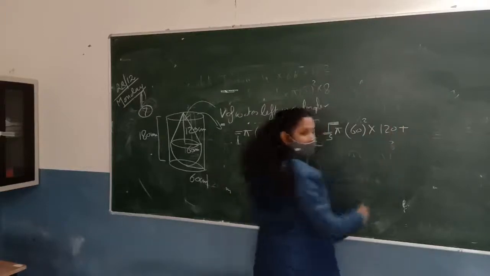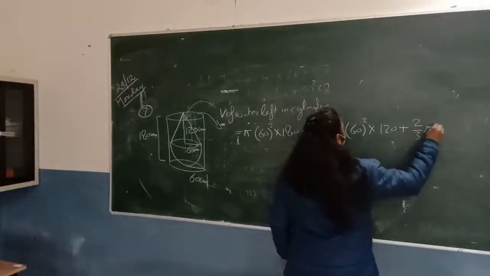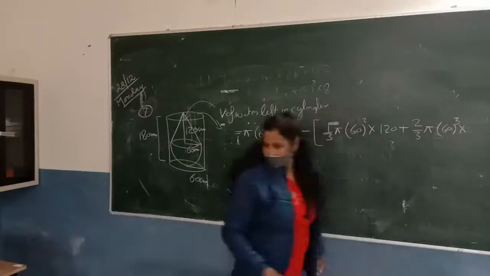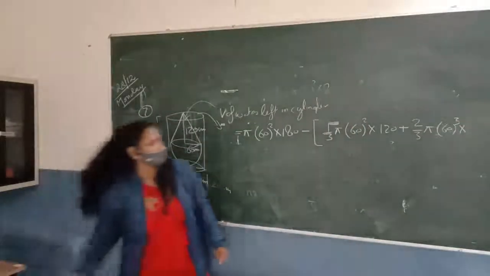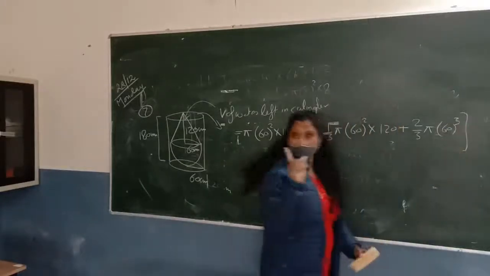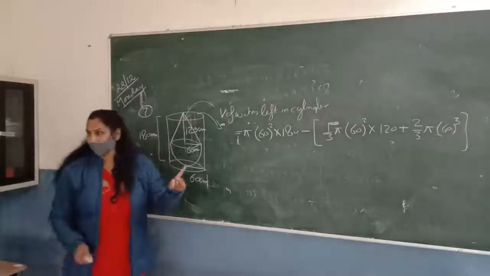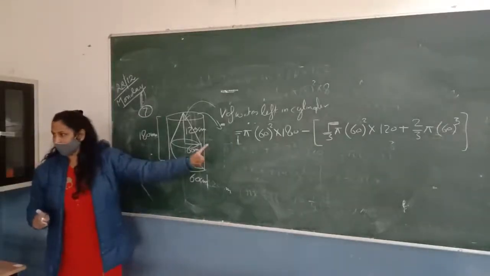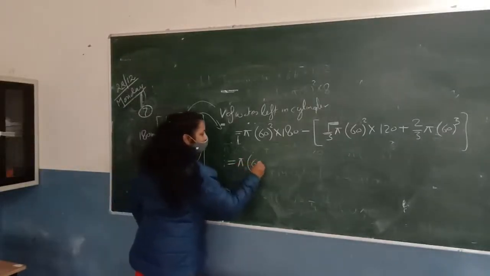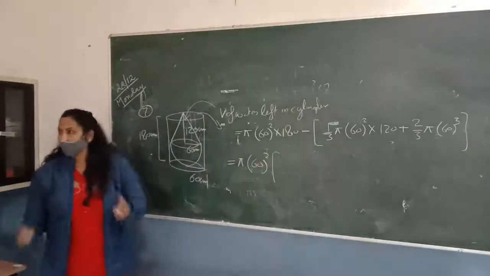Plus volume of hemisphere, that is 2/3 pi r cube. अब अगर इस क्वेश्चन में आप कॉमन लेते हैं तो बहुत केयरफुली कॉमन लेना. पाई तो इजीली कॉमन दिख रहा है, 60 स्क्वायर में कॉमन आ रहा है, लेकिन जब भी आप इस क्वेश्चन में कॉमन लोगे तो बहुत ध्यान से कॉमन लेना. We can take pi and 60 square as a common for reducing the calculation, है ना?